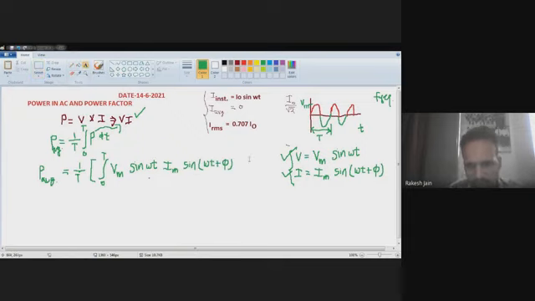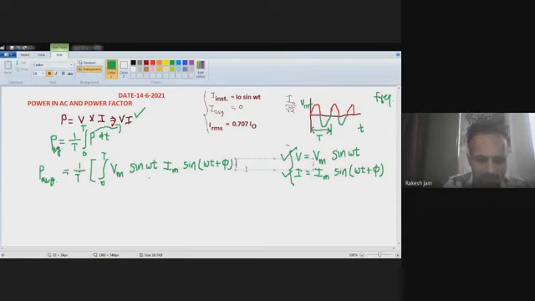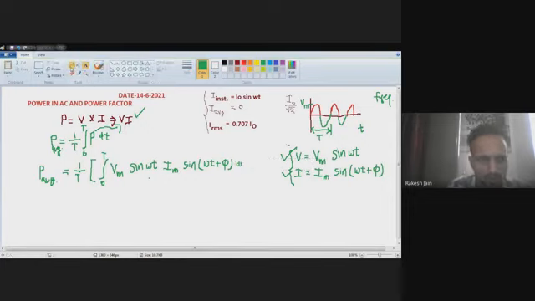Then I write down with respect to which variable I am going to do this integration, so dt. The bracket is closed. Now see, because my variable is time t, this Vm and Im play as constants, so they can be taken outside of this bracket.